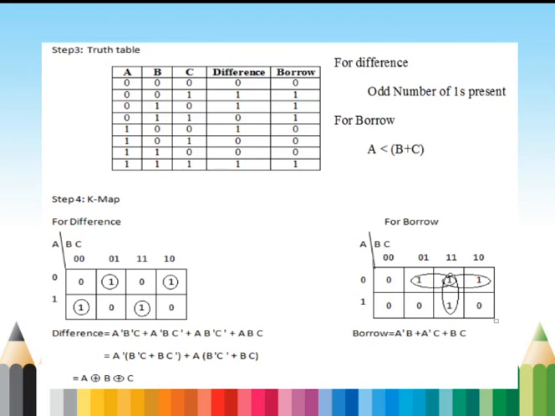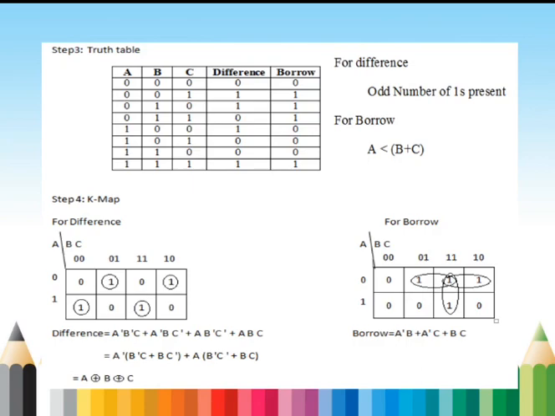So by transforming this borrow value into a K-map and grouping 1 and 3, 3 and 2, 3 and 7, we have the expression for borrow: A prime B plus A prime C plus BC.